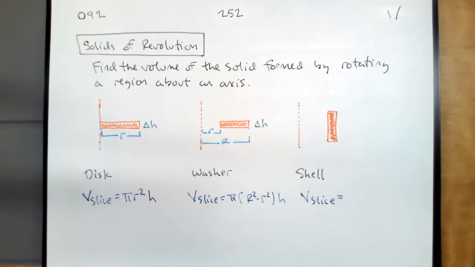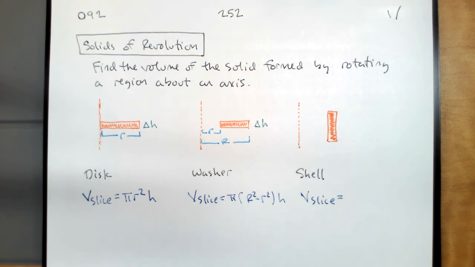So we have various strategies for finding volumes of solids of revolution based on how we slice. We've talked about 2 so far, and both of those have the same basic idea. Our slice is going to be made perpendicular to the axis of rotation.